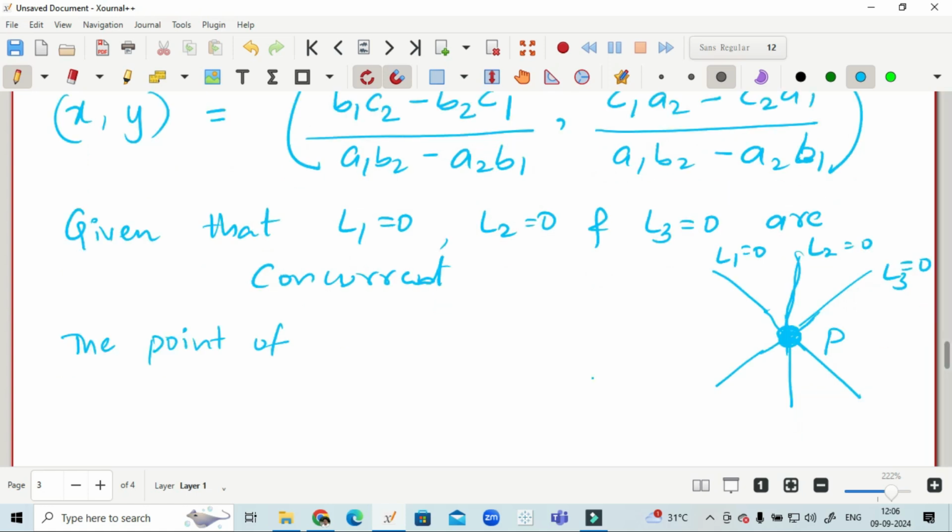So the point of intersection passes through the line L3.